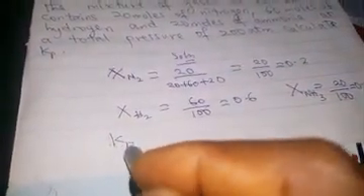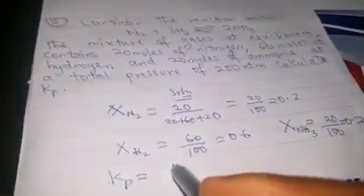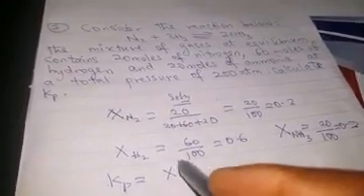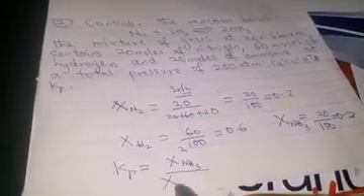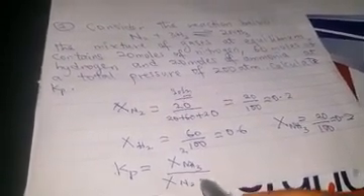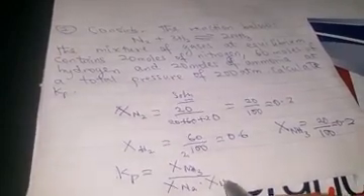So at this point, we can calculate the Kp. So here, your Kp is going to be, according to the reaction, the mole fraction of ammonia raised to power 2 divided by the mole fraction of nitrogen times the mole fraction of hydrogen raised to power 3.